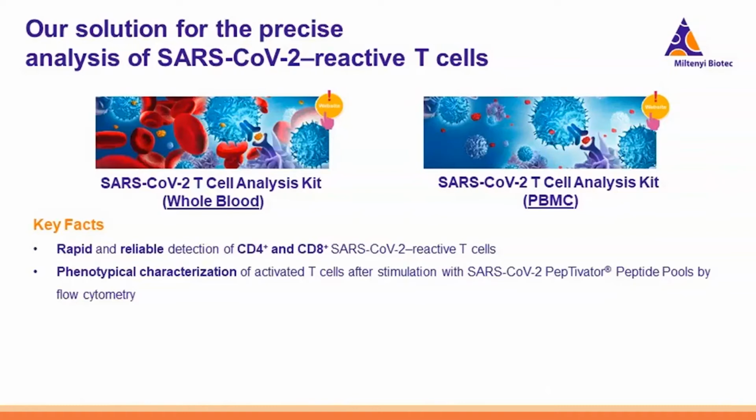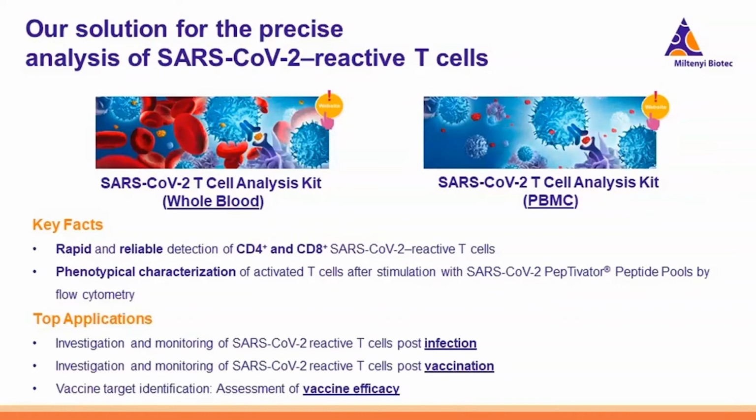However, both kits were developed for the same purpose. They were specifically designed for the precise analysis as well as rapid detection of both CD4 as well as CD8 positive SARS-CoV-2 reactive T cells in human samples. With all buffers, reagents and antibodies already included, the kit is the perfect solution for the phenotypic characterization of SARS-CoV-2 reactive T cells by flow cytometry.